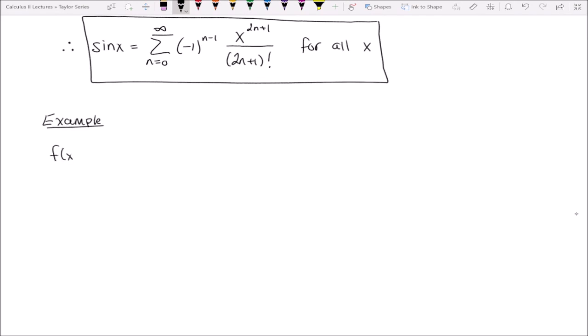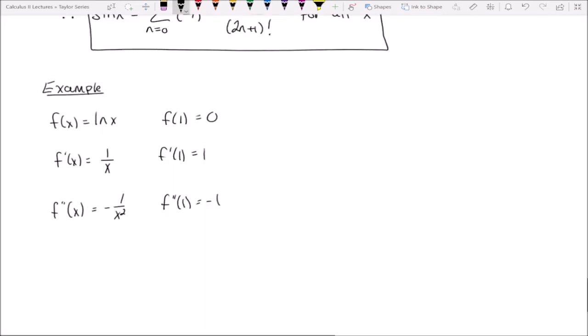What we're going to do now is take a look at the function natural log of x centered at 1. So f prime is 1 over x, which means f prime at 1 is 1. Okay. F double prime of x, negative 1 over x squared. So f double prime at 1 is negative 1.